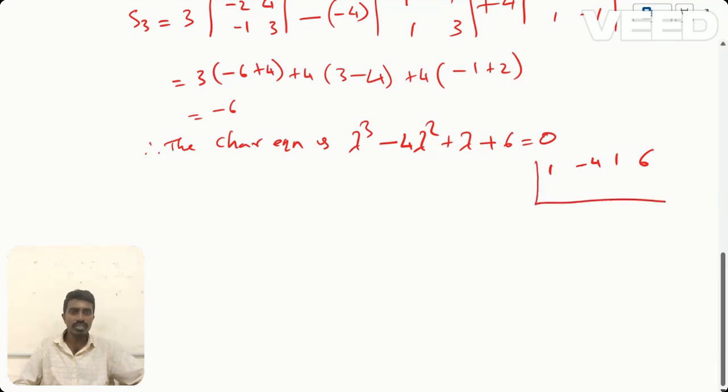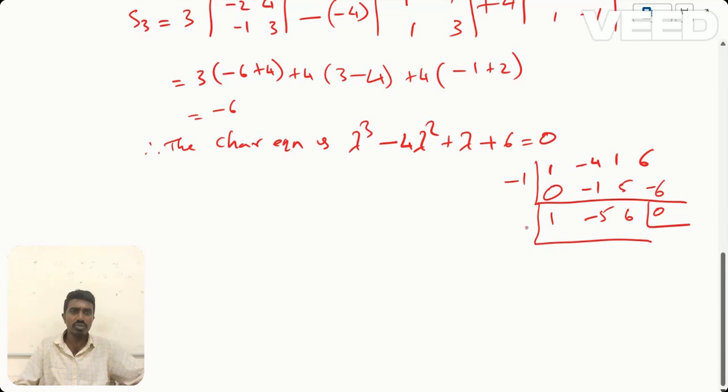Now try with an arbitrary element, trying with minus 1, and put 0 always here. Then simplify: 1 plus 0 is 1, then 1 into minus 1 is minus 1, and then simplify this, minus 5, and then minus 5 into minus 1 is 5, then 1 plus 5 is 6, and 6 into minus 1 is minus 6, so 0 you are getting. So minus 1 is one of the roots.